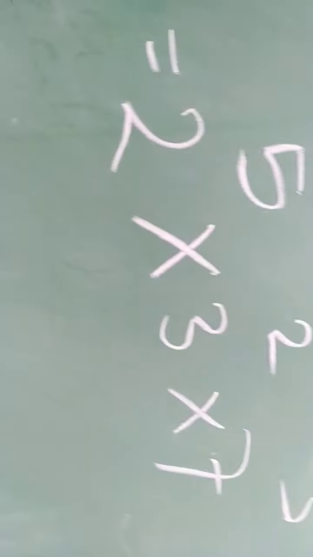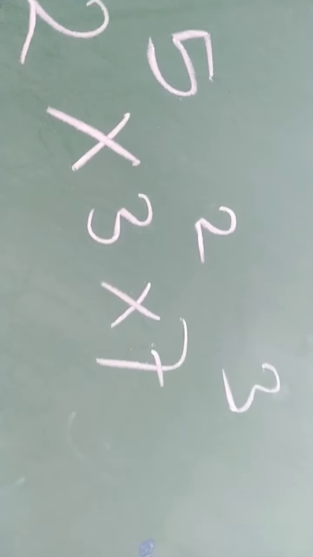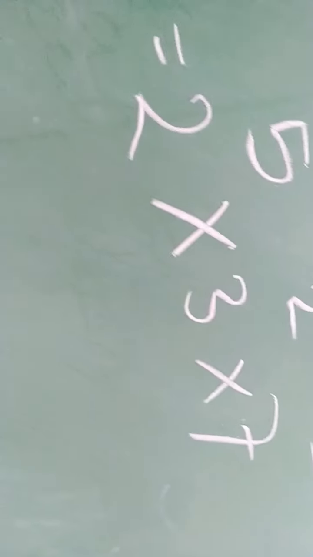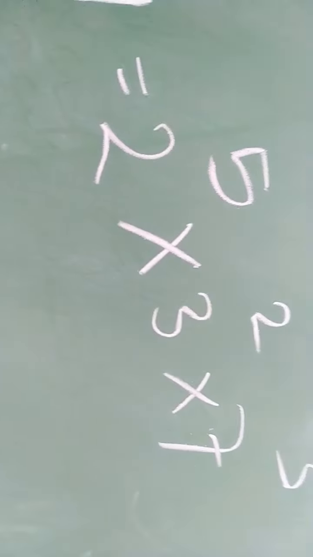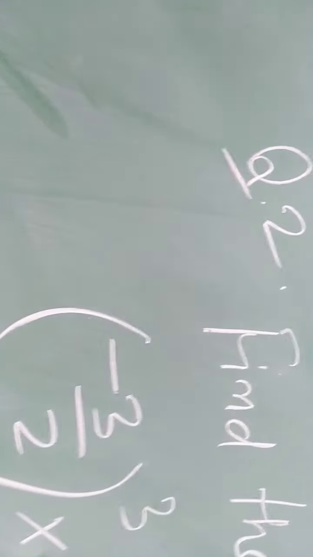So in that case, 2 power 5 into 3 power 2 into 7 power 3, since 7 appears in the factorization 3 times. This is the exponential form of 98,784.